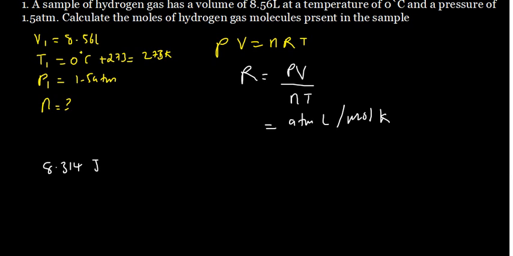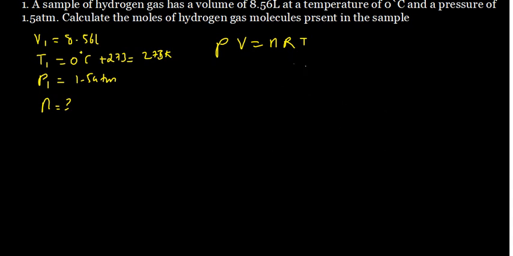If we are using pressure in torr, then that is going to be torr, let's say volume is in milliliter, so torr milliliter, and then number of moles is still in mole, we can have mole Kelvin. Now the mole and the Kelvin are in the denominator, so I put per, or I can put to the power negative 1 because they are in the denominator. So depending on what units of pressure and volume we are using, we get to use different values of the universal gas constant.